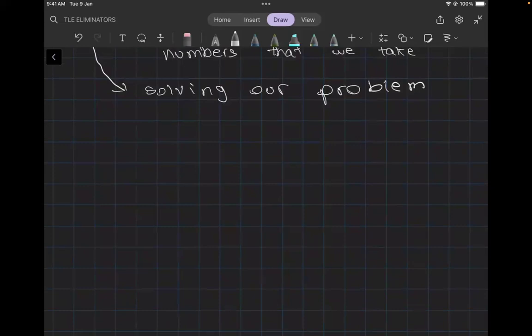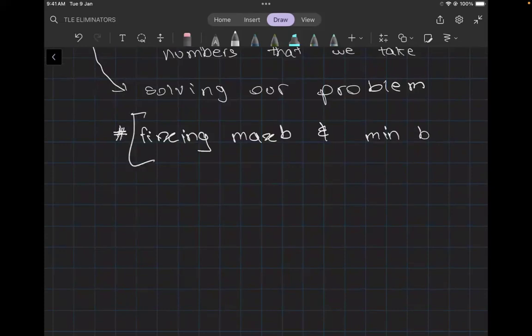The basic idea that we want to do here is fixing max B and min B. What do I mean by that? Let's see. Let's say I'm taking it in sorted order. Let's say it's 4, 1, 10, 2, 3 and 3. Let's say 4 and 5, and these are my elements.